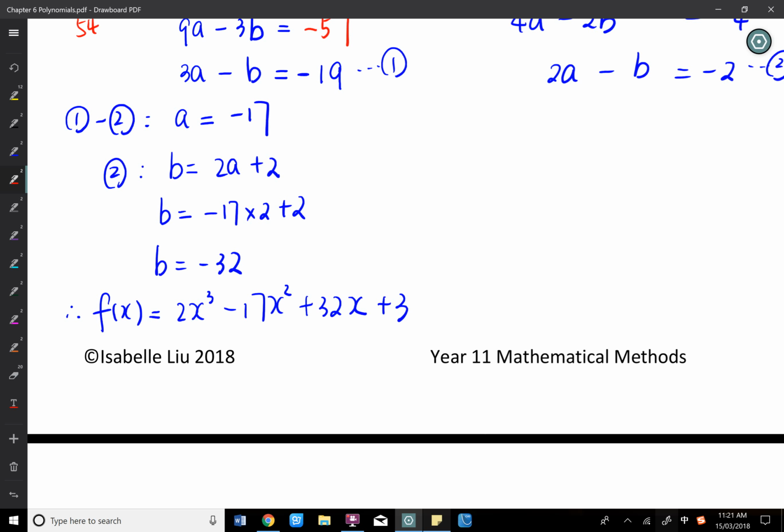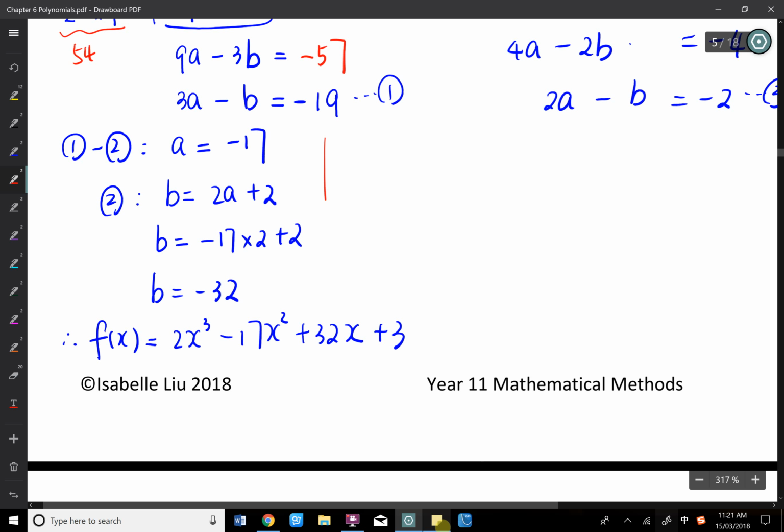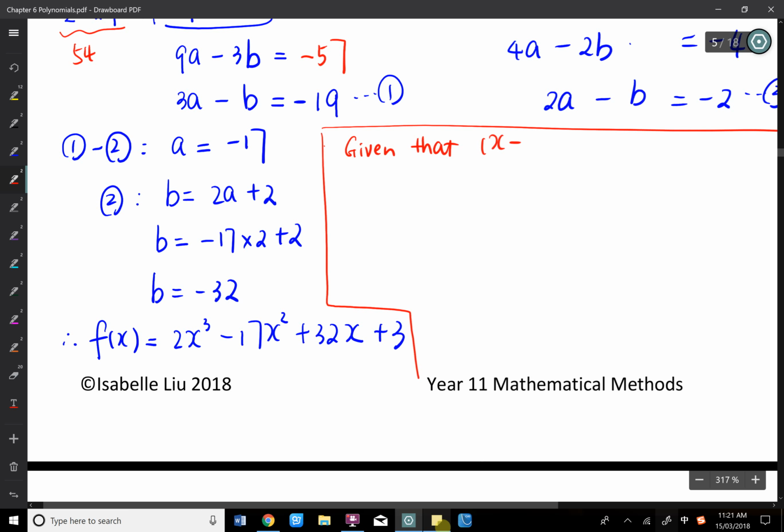Okay, we already know that's the equation. It's given that x minus 3 is a factor. Right?